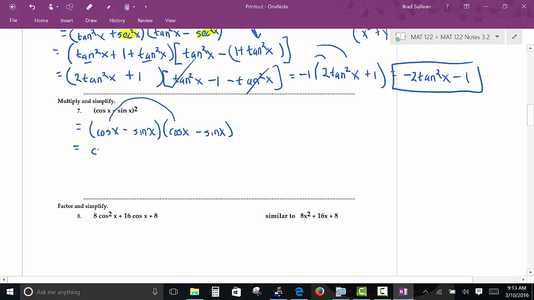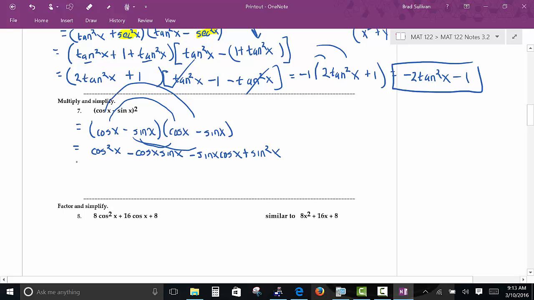So the first term is cosine squared x. The outside term is going to be minus cosine x sine x. You can write that in any order. The inside term is going to be minus sine x cosine x. And then the last term is going to be positive sine squared x, like that.